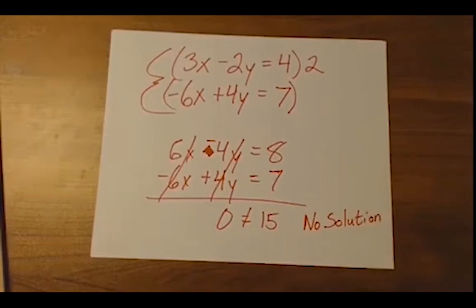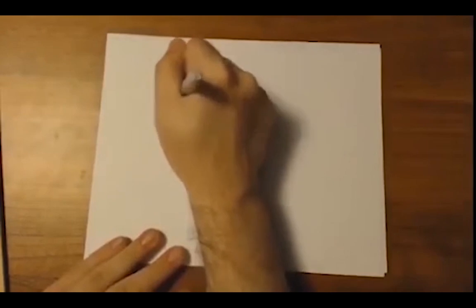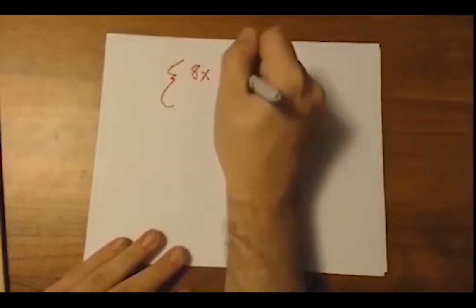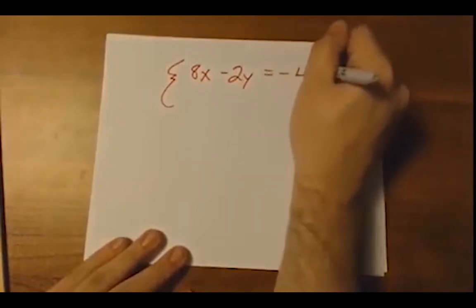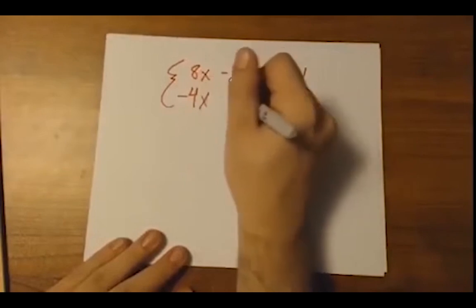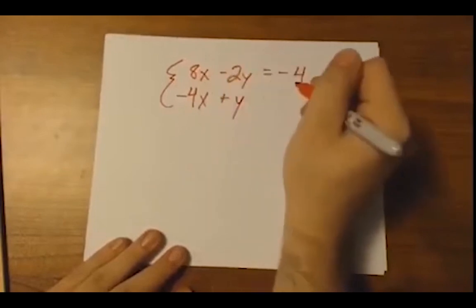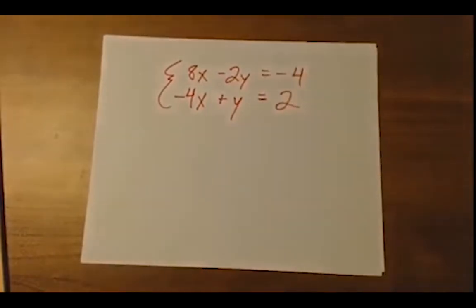Example 4, solving a system with infinitely many solutions. 8x minus 2y equals negative 4, and negative 4x plus y equals 2.